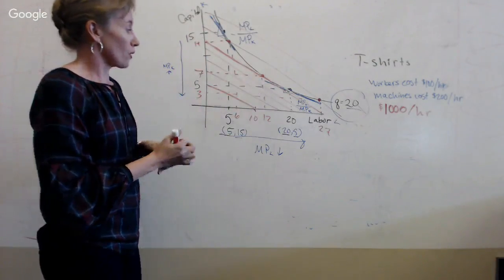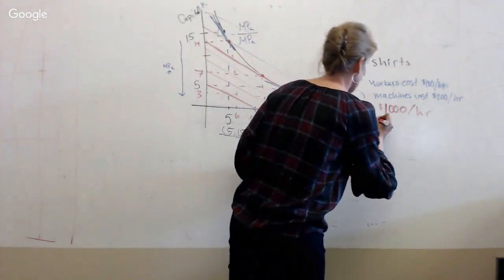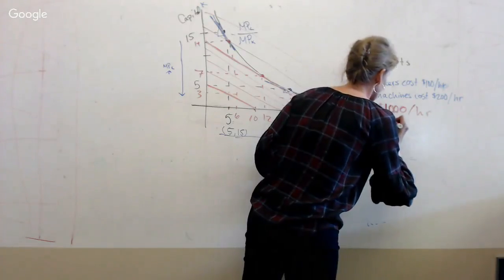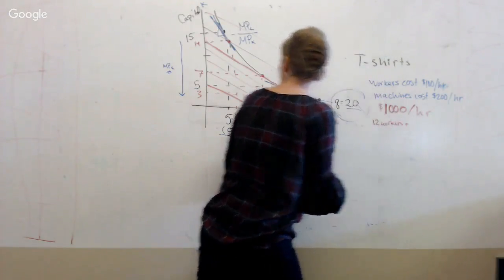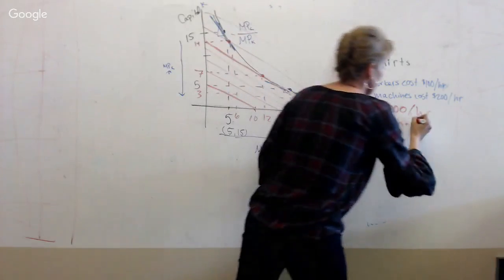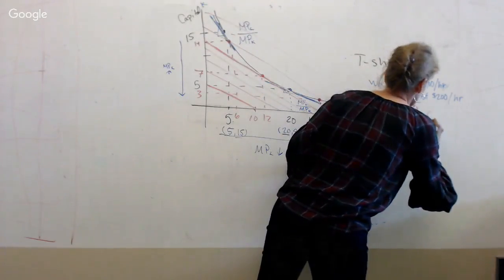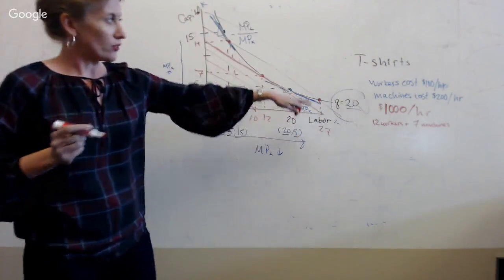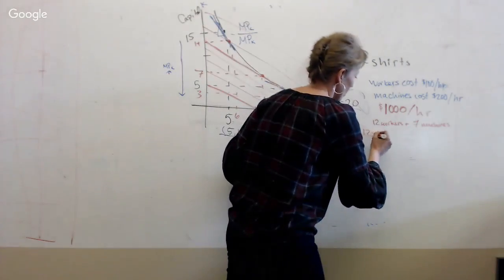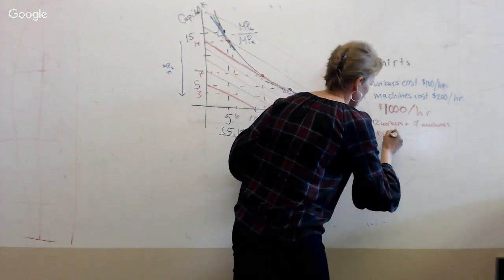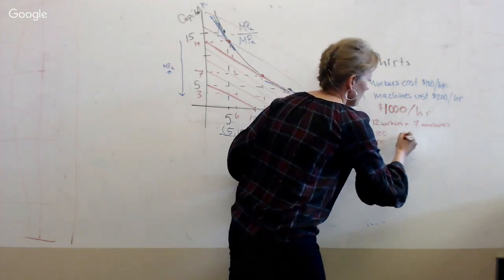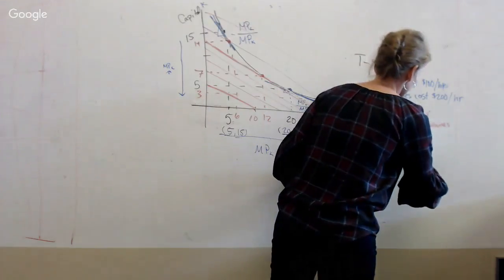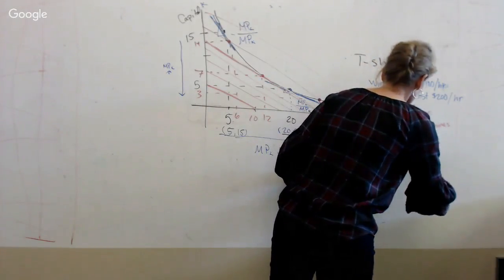So our firm hires 12 workers and 7 machines. 12 workers are going to cost 12 times 100, which is $1,200. 7 machines are 7 times 200, that's $1,400.